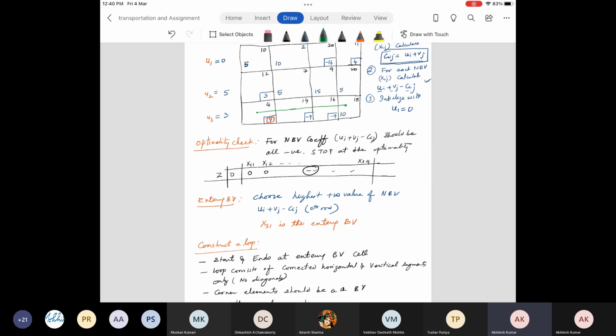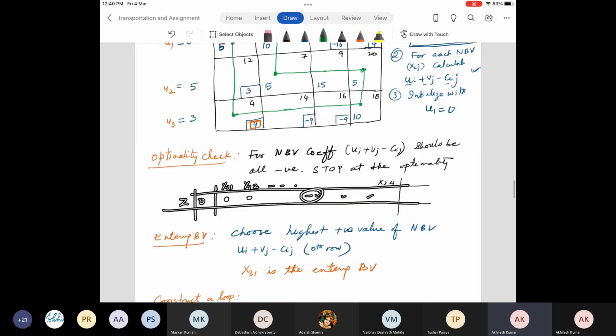Then it says vertical and horizontal lines, so I can go here. This is also a corner point and a basic variable. I can stop here, but it would be difficult to go above it because it is a non-basic variable, so rather I will stop at this basic variable. Then I will go up, then I will go here and I will come back. See if you can create any other loop other than this. I have taken care of all the rules.